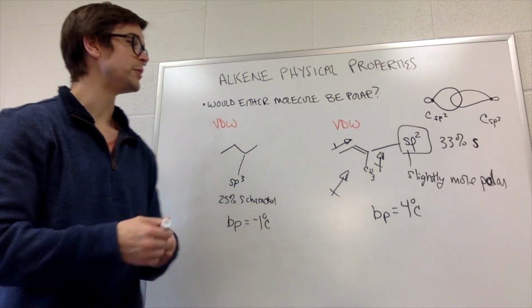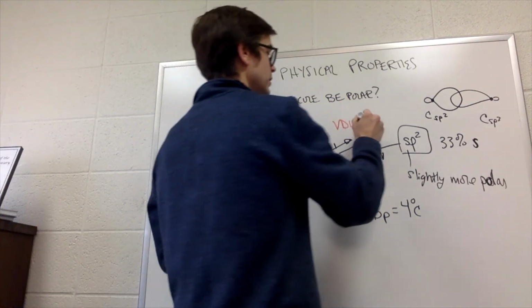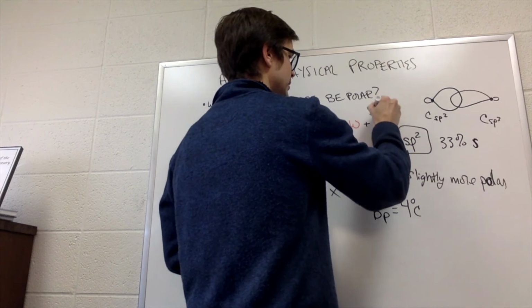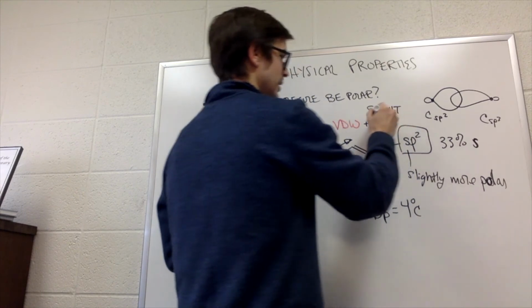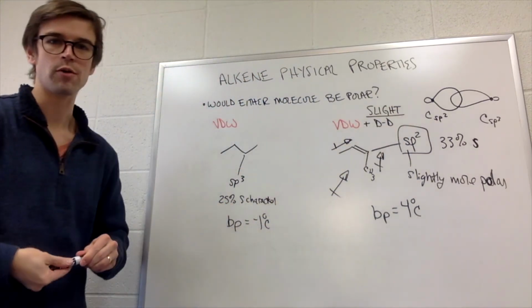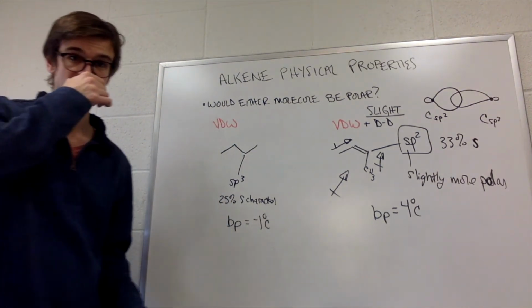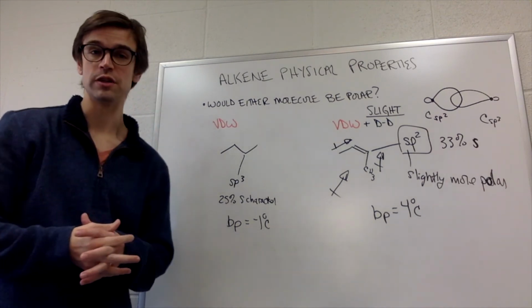So for alkenes, we can actually say that they have van der Waals forces and dipole-dipole. I'm going to write here slight, because it is a very slight dipole-dipole, but it does actually have an impact on the physical properties. So we should give it its due.